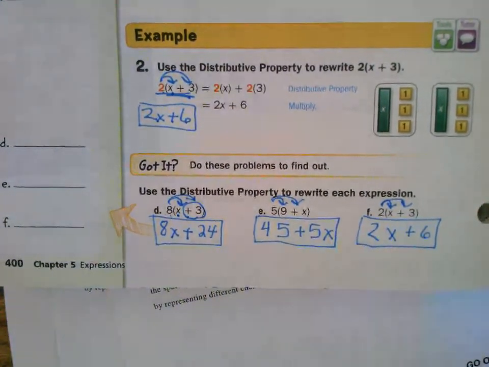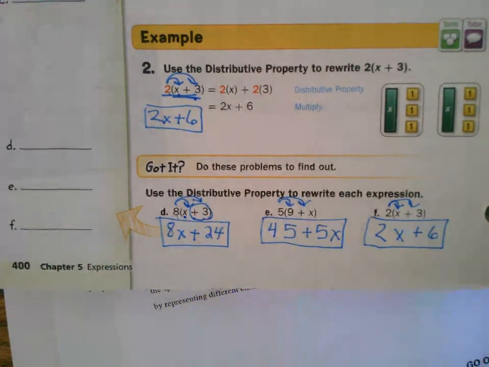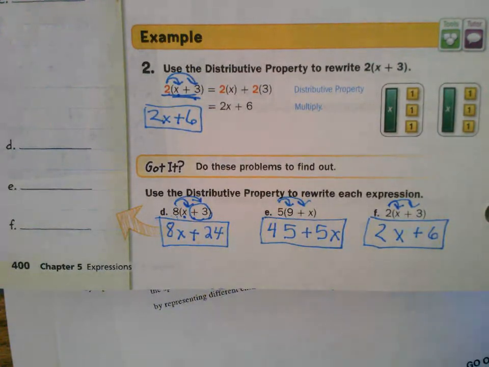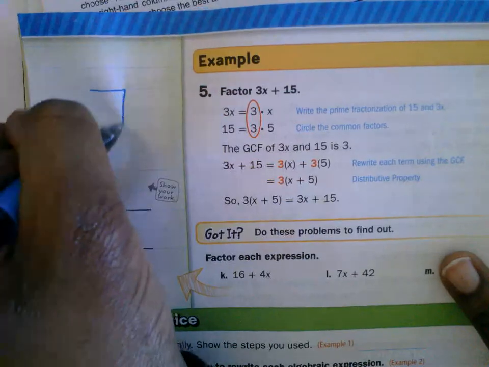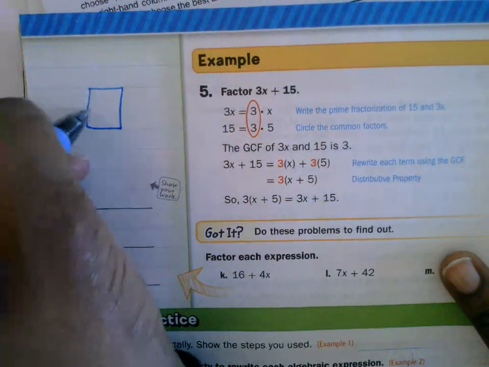Okay. Now, we're going to work backwards using the same type of concept. Turn to the next page. Over on this problem, we're going to try to get outside of the box.